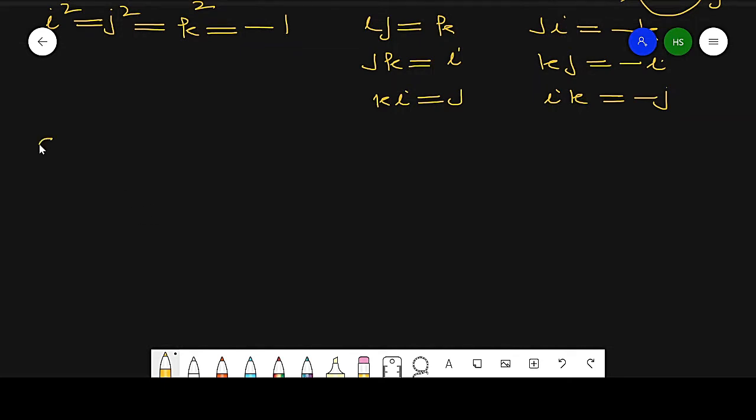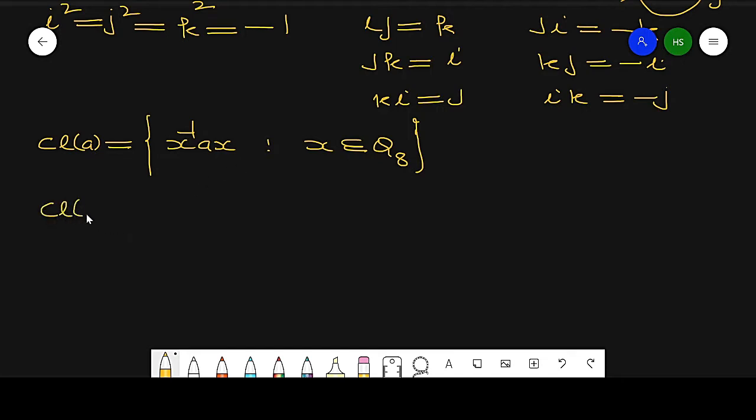We know that the class of A is the set of all x inverse A x such that x belongs to Q8, that is, all conjugate elements of A. So we have the class of 1, the class of minus 1, the class of i, the class of j, and the class of k.